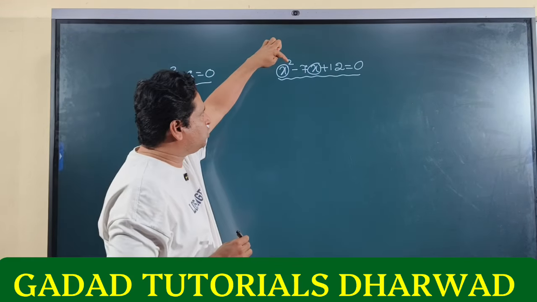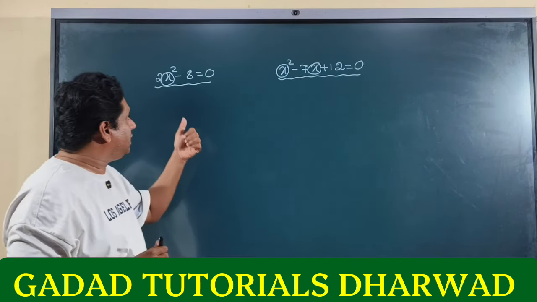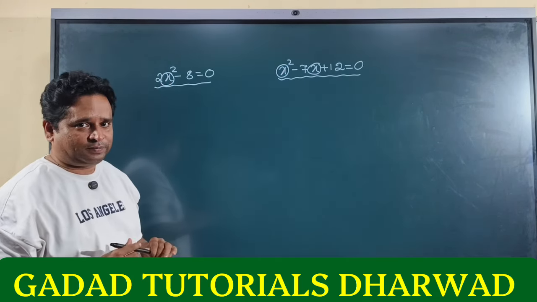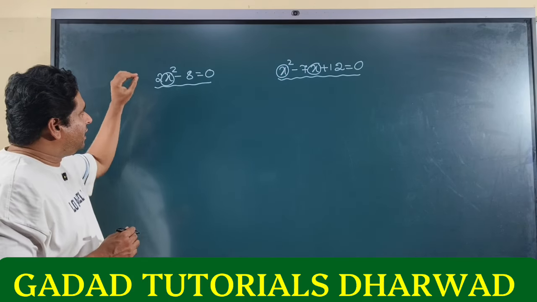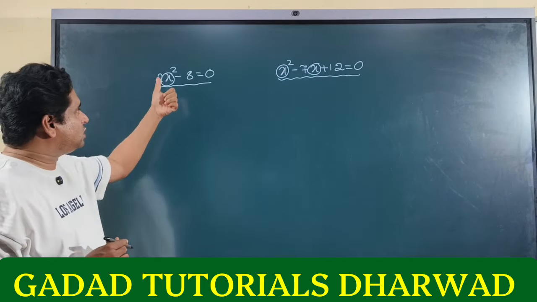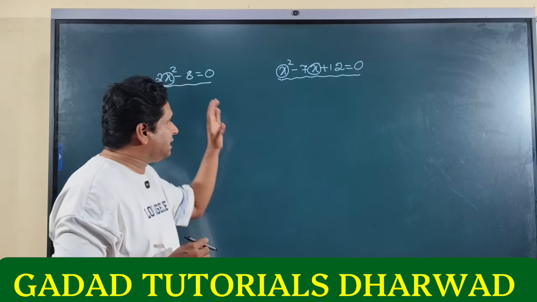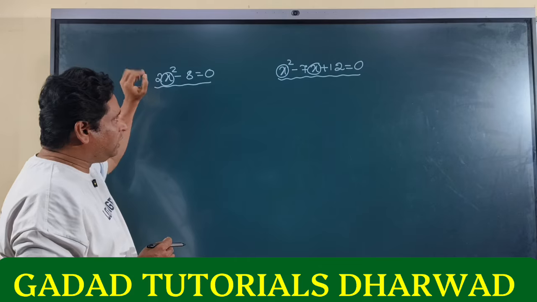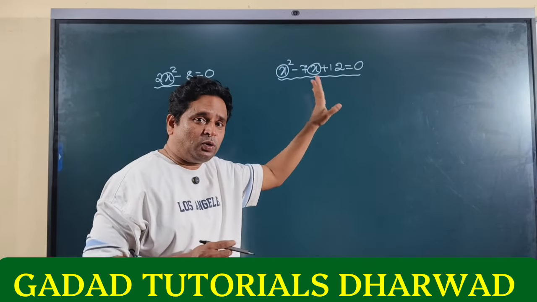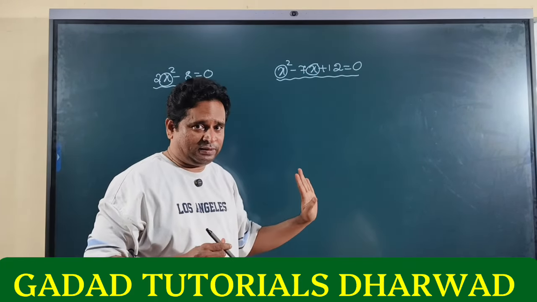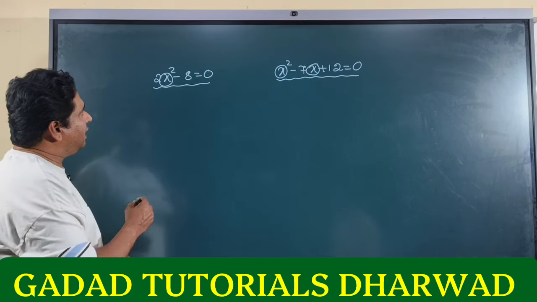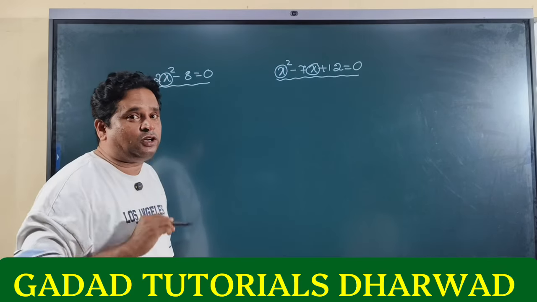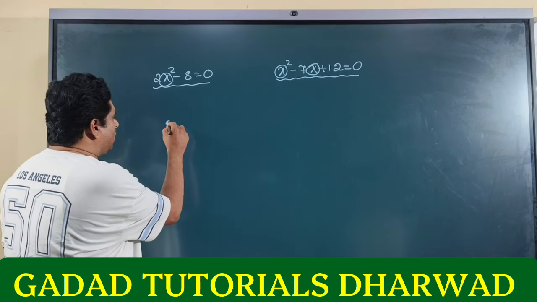Here power is 2 as well as power 1. Both are quadratic equations, because both have highest power 2. Here we have power only 2, and here we have power 2 as well as power 1. An equation involving a variable with power only 2 is called a pure quadratic equation.